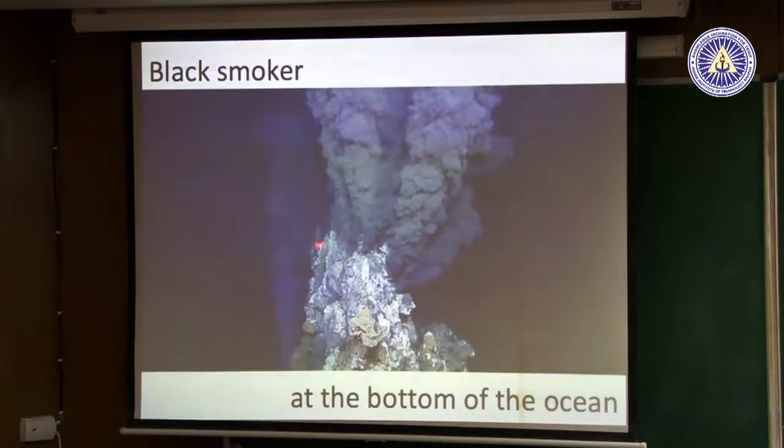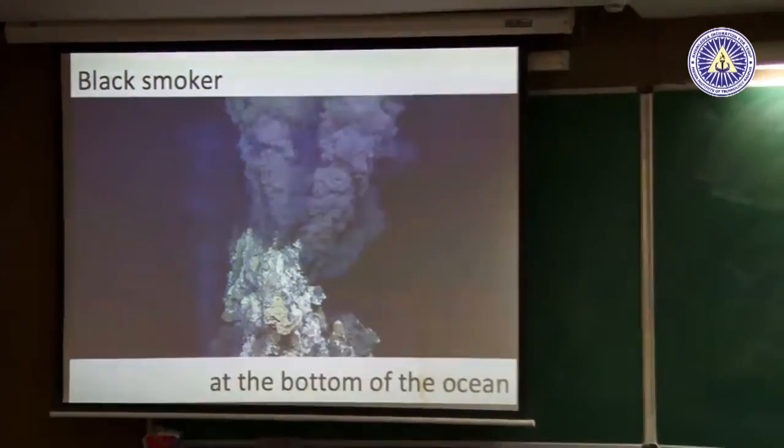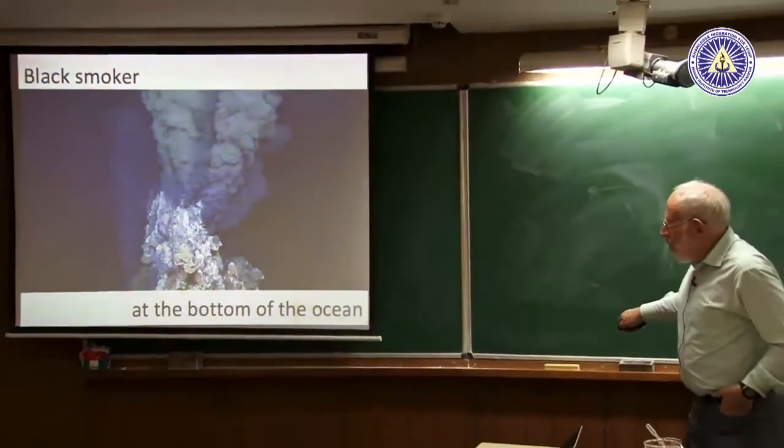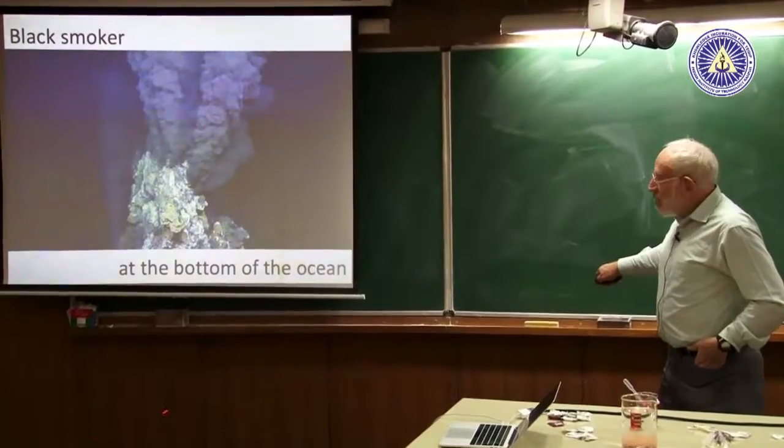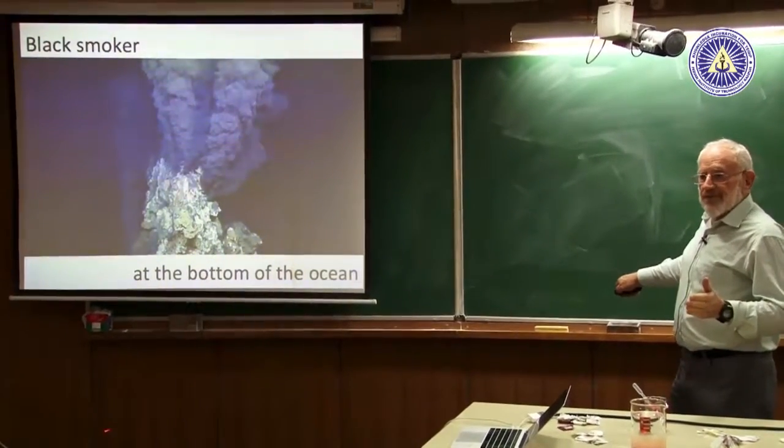Okay, some more smokers. This is at about 2 kilometers depth at the bottom of the ocean, where there are ridges. Down here there are large amounts of hot liquid rock, magma. Water at oceanographic temperatures seeps down, and because it's warmed up it dissolves some of the minerals at depth that have a lot of sulfides.